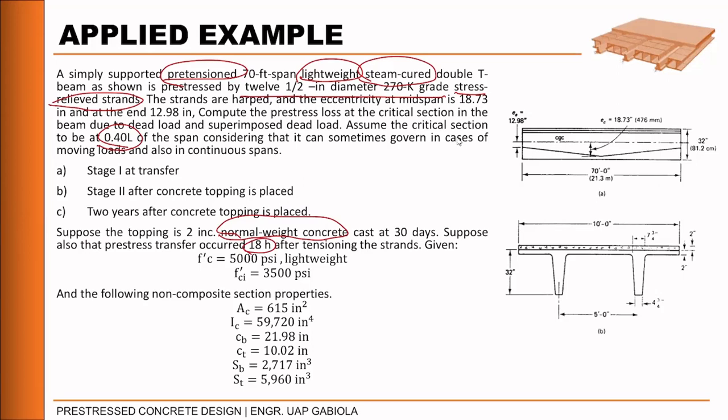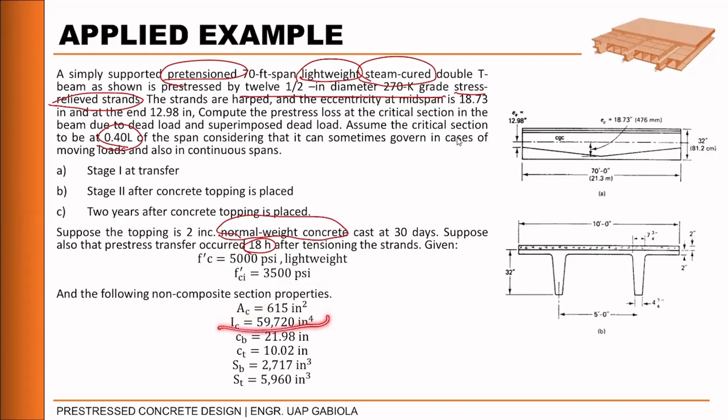So we have given F prime C natin 5,000 PSI. So ito yung design strength natin. And then initially 3,500 PSI yung strength niya nung ibig sabihin nung mag-jack tayo ng force. May 3.5 na siya, okay? And then the following non-composite properties are as follows. We have yung area ng concrete na 615. We have inertia.